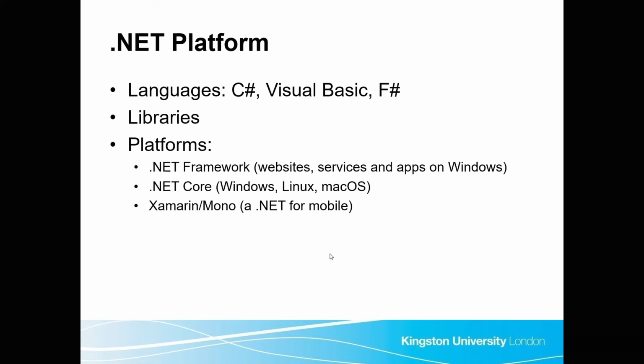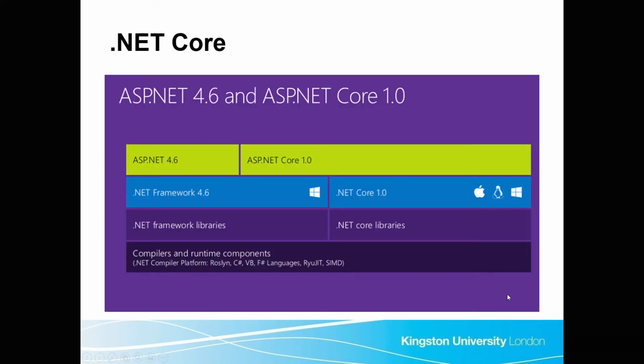Let's have a closer look at this .NET Core platform. There is a popular misconception that this is something built on top of .NET Framework. It's actually not. It's more like a successor of .NET Framework. So .NET Core 1.0 is a replacement for .NET Framework 5, a new version.